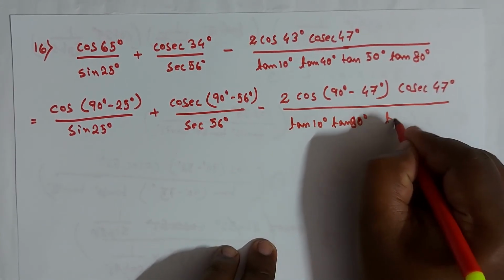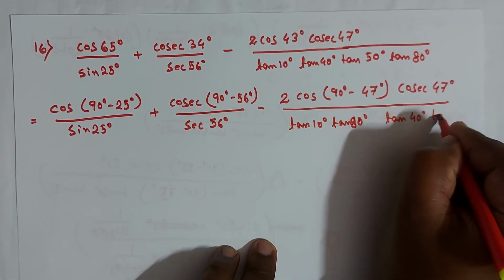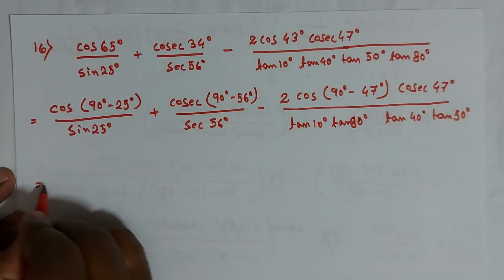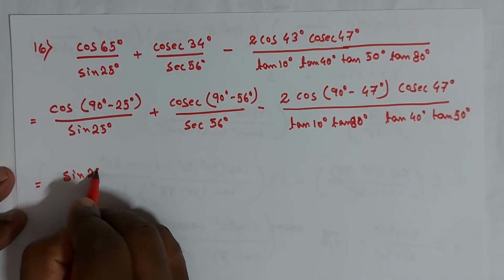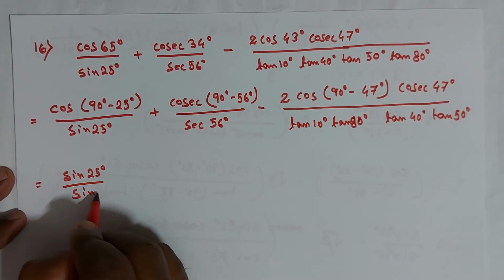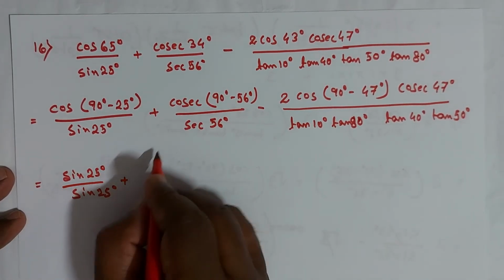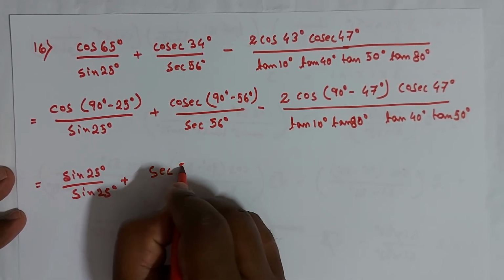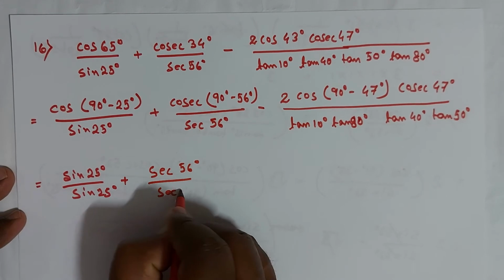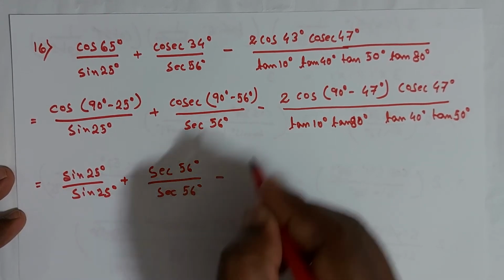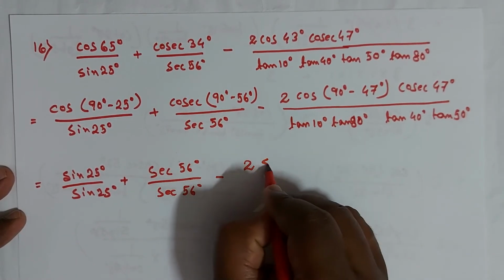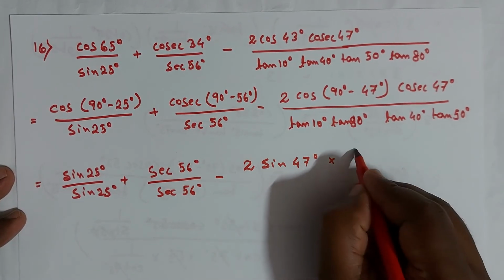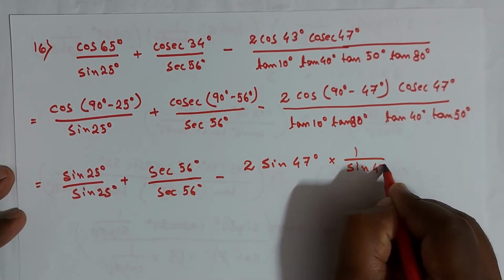First make the pairs, tan 40 degree and tan 50 degree. Okay, so next is sine 25 degree by sine 25 degree plus sec 56 degree by sec 56 degree minus 2 into sine 47 degree into 1 by sine 47 degree.